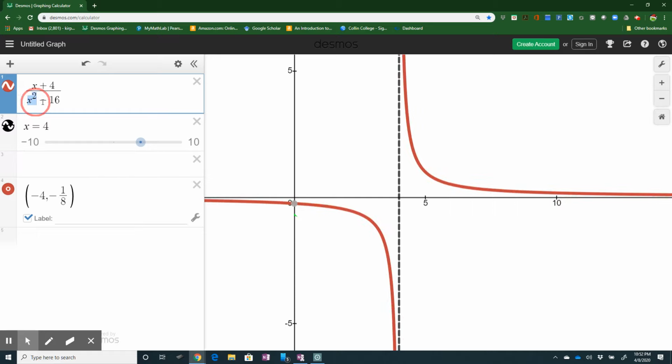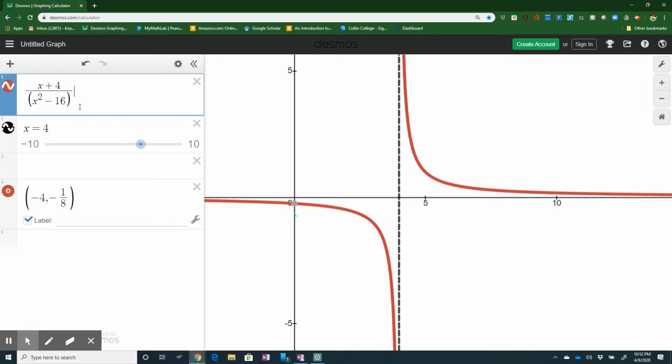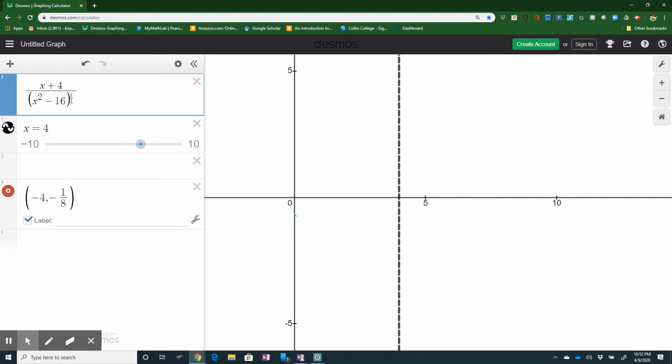Now on the bottom, if I squared it, this is probably not going to have the effect that I want. Yeah, there you go. So notice that it's going up on both sides, so that could happen. And I just put a negative in front of that, and it can go down on both sides.